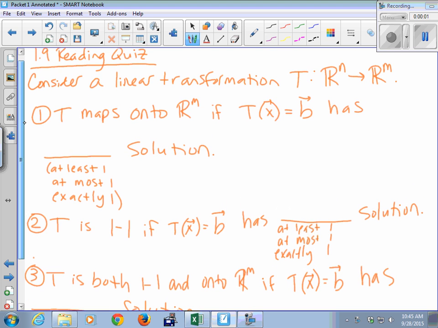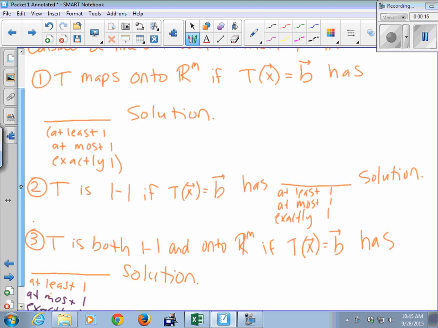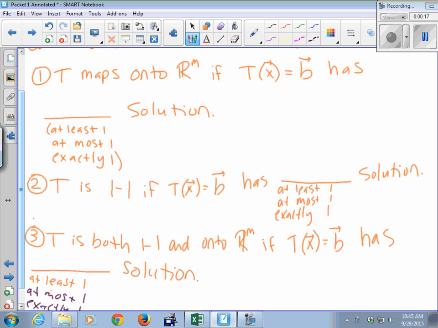We've got a linear transformation T that maps from Rn to Rm. So my inputs are n-entry vectors and my outputs are vectors that have m entries. So the question is, T maps onto Rm if the equation T of x equals b has at least one, at most one, exactly one solution.